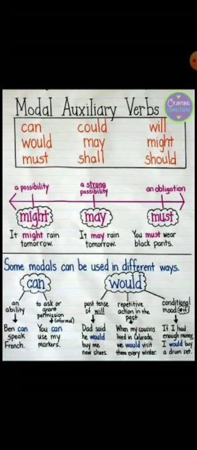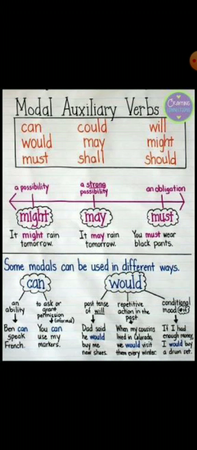For example, Sita can dance very well. He can sing very well. He can drive very well. He can lift up that box without anybody's help. It shows his or her ability.